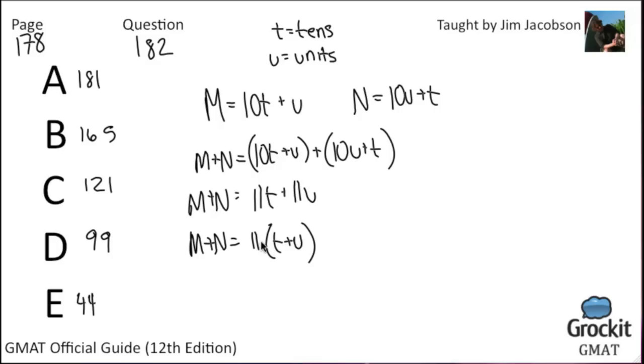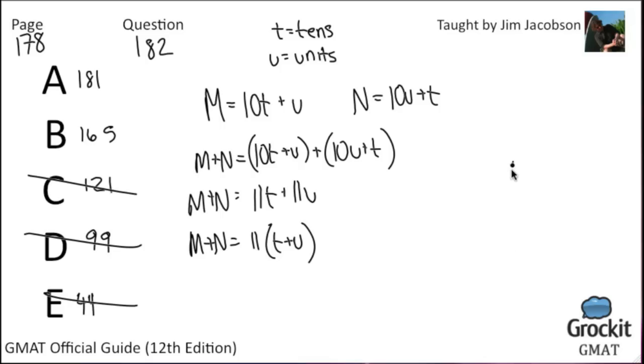So the correct answer choice needs to not be a multiple of 11, because the question is asking which one cannot be the sum of m and n. So right away we can cross off these two. 121 is 11 times 11. So we're left between 165 and 181.